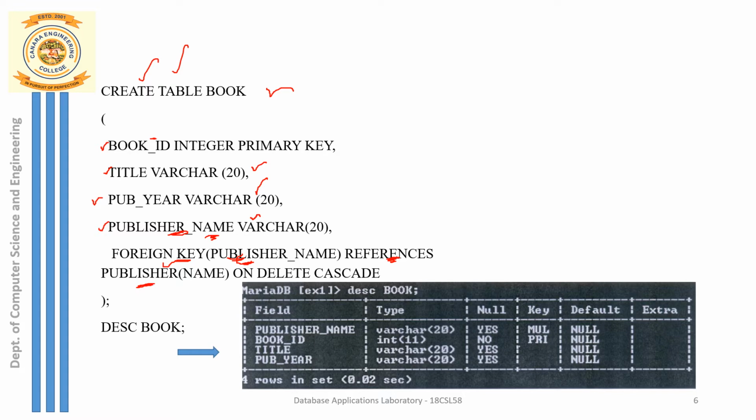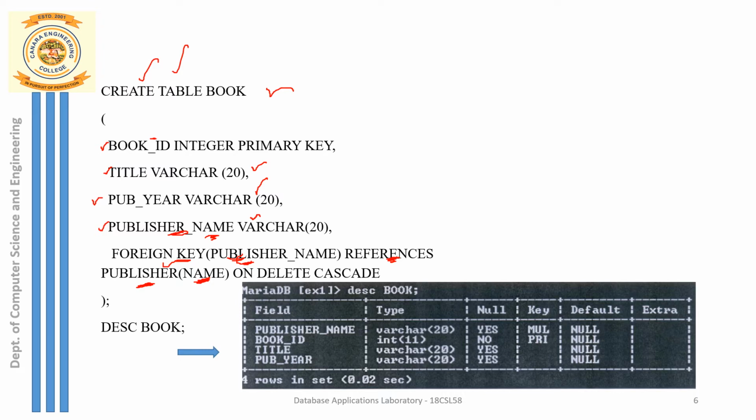So one step behind, if you go, you can see I have just created a publisher table, and in that publisher table I had taken an attribute which was a primary key there. The attribute name that I had specified was name. Remember, when you specify the attribute name here, you should go back and see your publisher table, what attribute name you had specified.